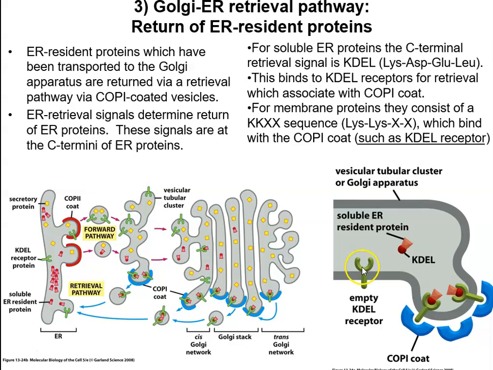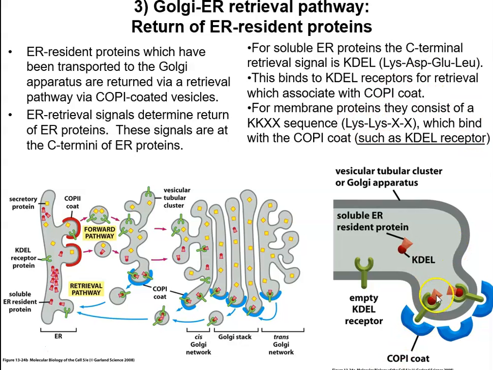When a protein with a KDEL on it binds to a KDEL receptor, that will recruit the COP1 coat, and the COP1 coat will encourage vesicle formation from the Golgi, and that will be retrieved back to the endoplasmic reticulum. So this is the amino acid sequence of KDEL, that little sequence there, and all of those soluble ER proteins tend to have that sequence expressed on them so they can be brought back.